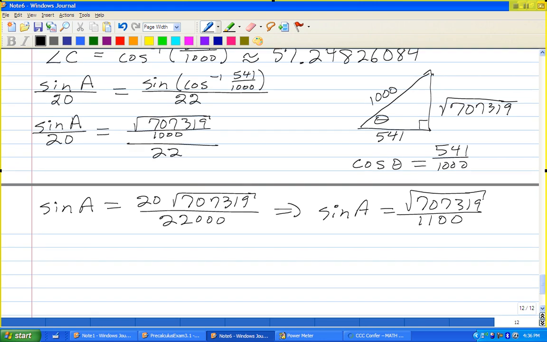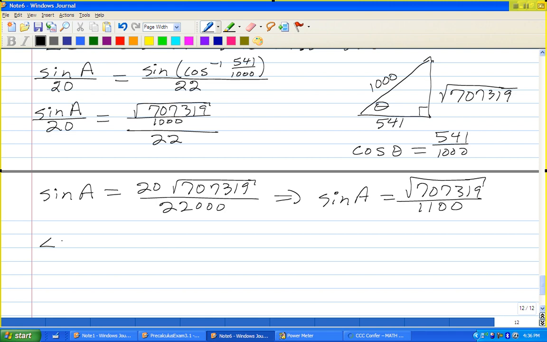And so I have that A is equal to sine inverse of the radical 707,319 over 1,100.